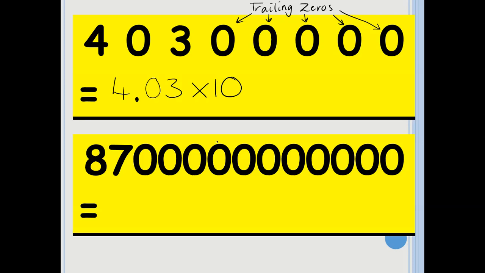And I now know that I need to count the jumps. So again, I've got 1, 2, 3, 4, 5, 6, 7. So in order to change 40,300,000 into scientific notation, I have 4.03 times 10 to the power of 7.